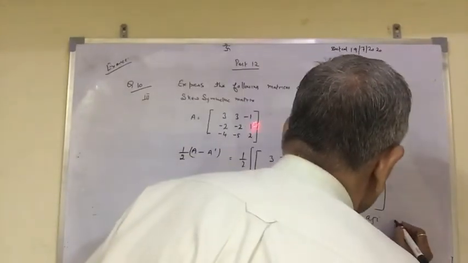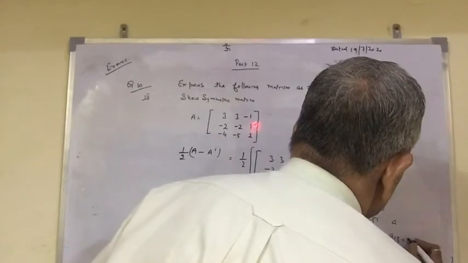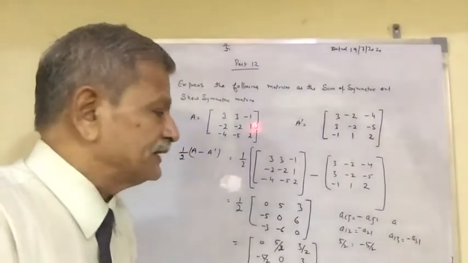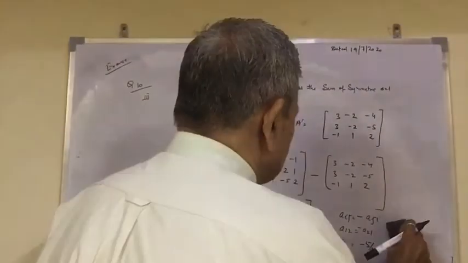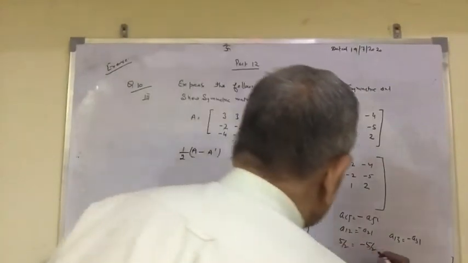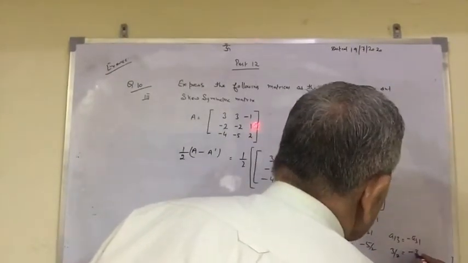And the second element will be your A13, which is equal to minus sign A31, means either minus sign of this side or minus sign of that side. So, your A13 is your 3 upon 2 and here is minus 3 upon 2.